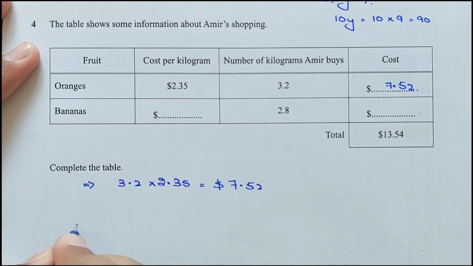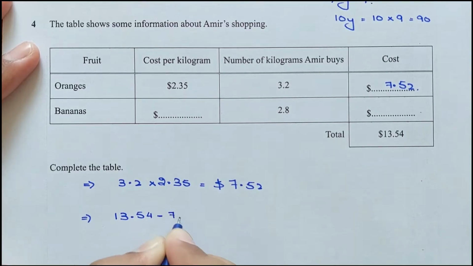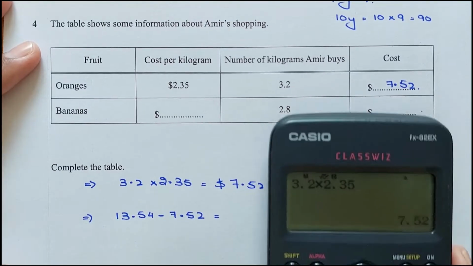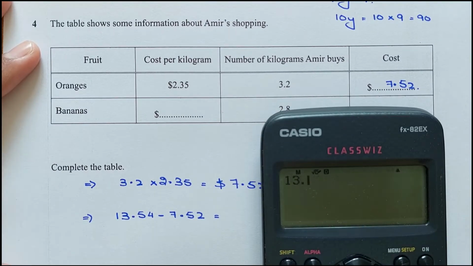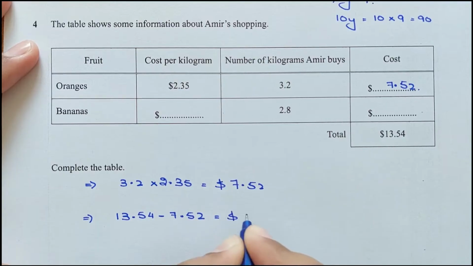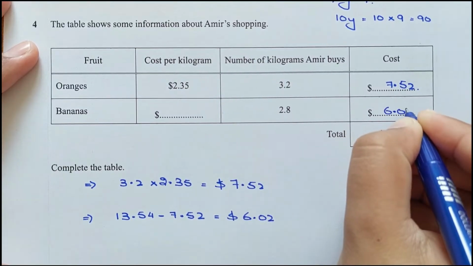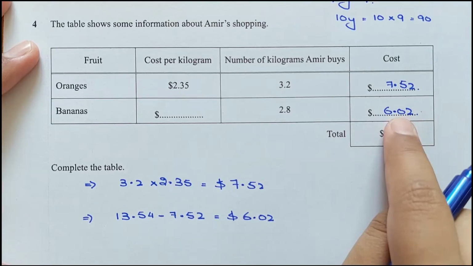So $13.54 subtract $7.52 gives us the total cost of bananas, which is $6.02.